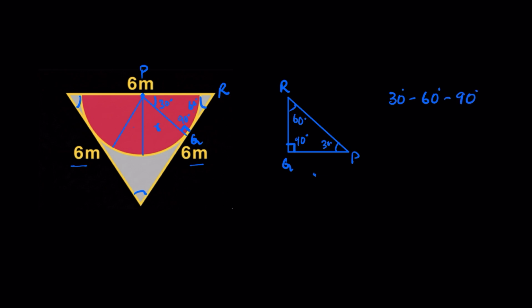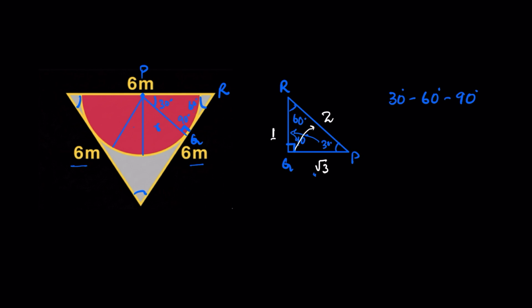In such triangles, the side opposite to the smallest angle, here the smallest angle is 30, opposite to it is RQ. If this is 1, then the side opposite to the biggest angle, which is 90 degrees, will be 2, and then the base will be square root of 3. So this is the ratio of the sides.